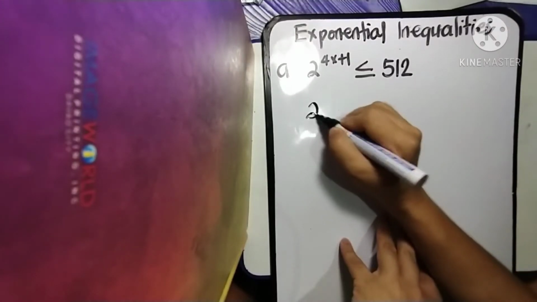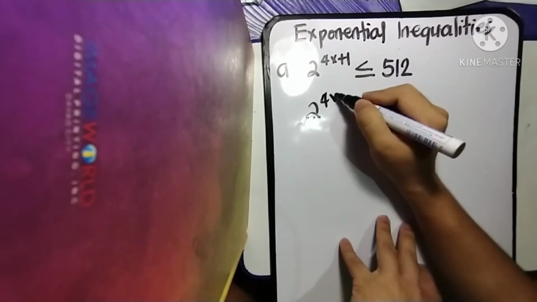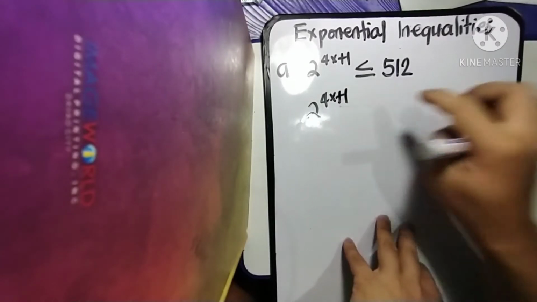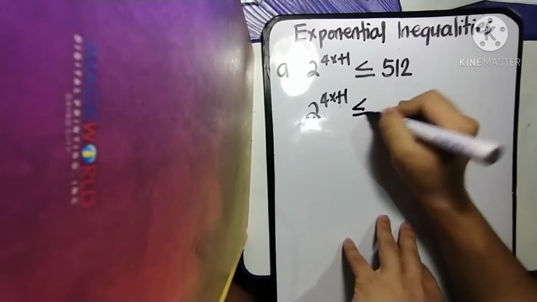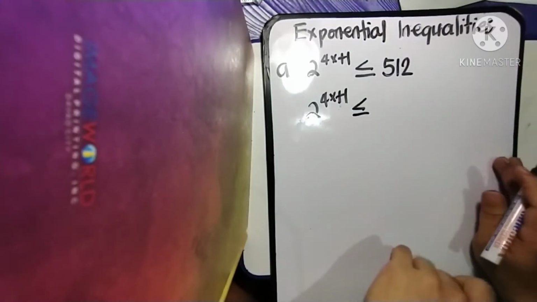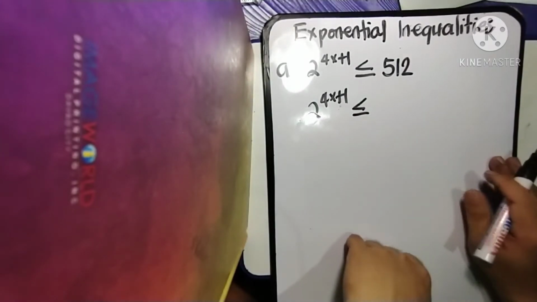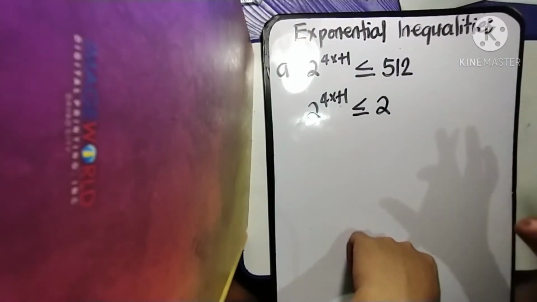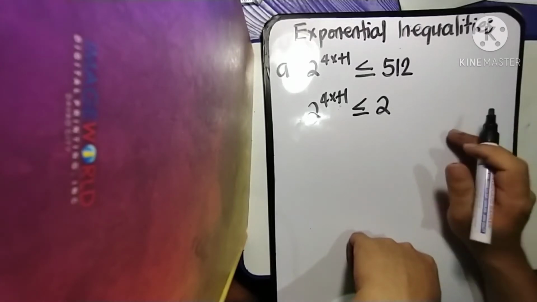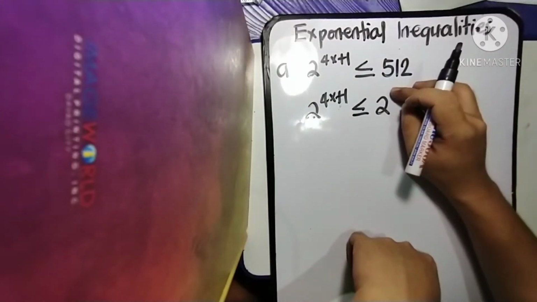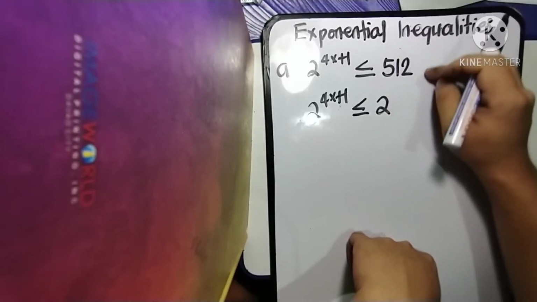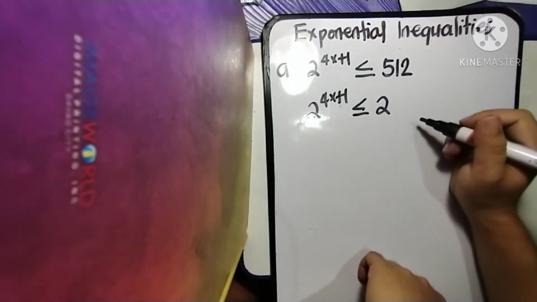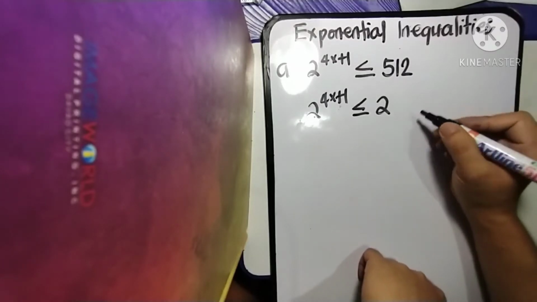So copy, we have 2 to the power of 4x plus 1. Then, copy the inequality symbol, which is less than or equal to. Then, think of a number that if we raise 2 to it, it is equal to 512.